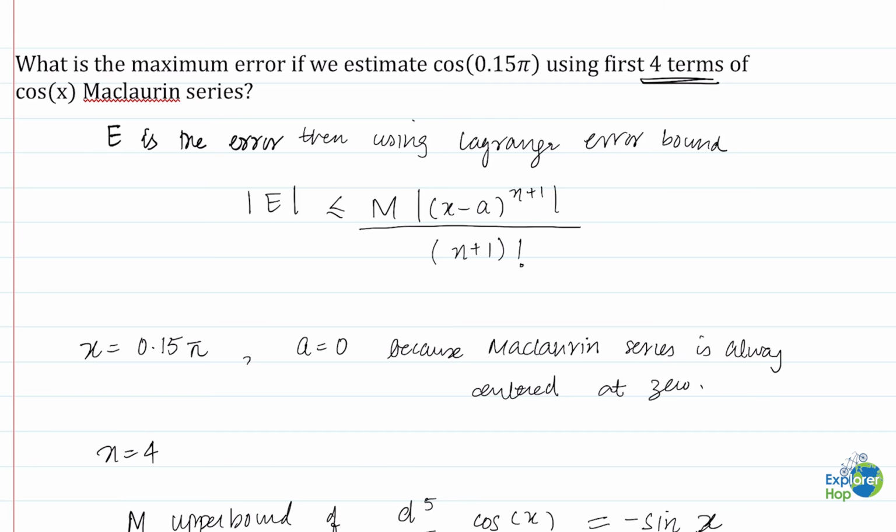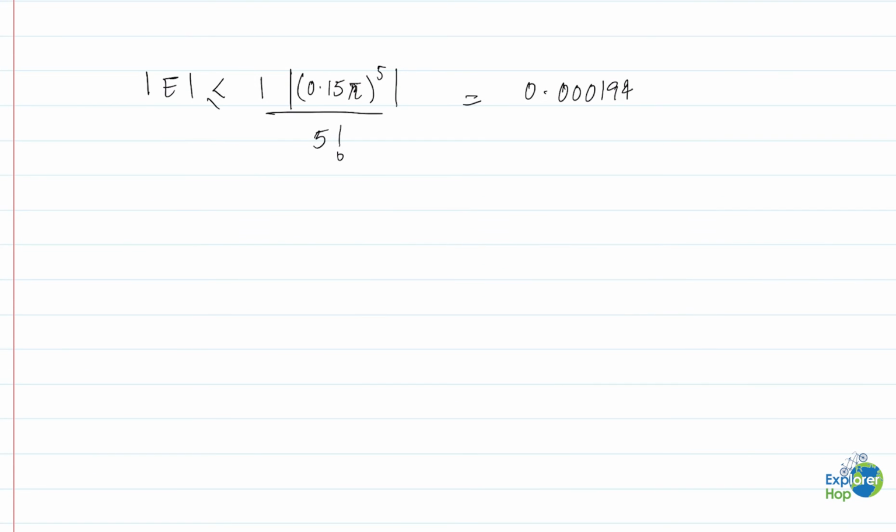The question asked us to find the maximum error. So we know that the absolute value of E is less than or equal to 0.000194. So the maximum error is equal to 0.000194.